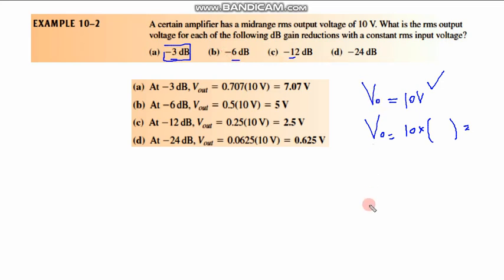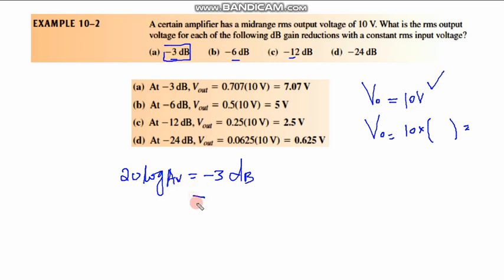So for that case, by definition, this minus 3 dB is a voltage gain. So this was 20 log of AV, right?